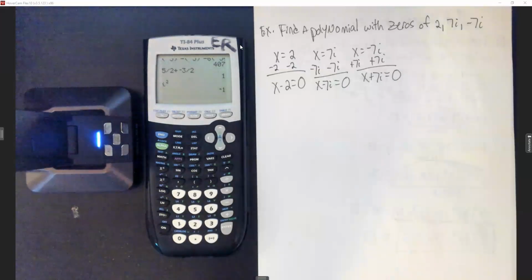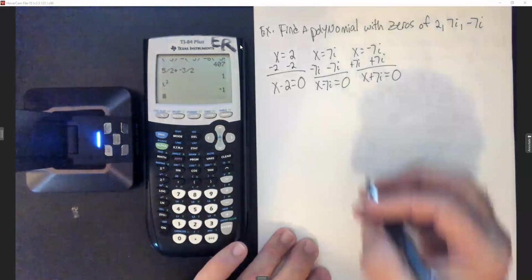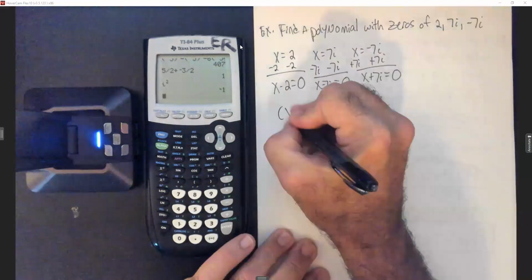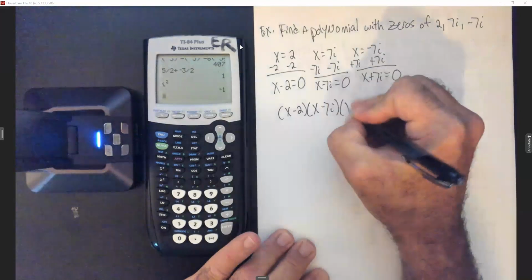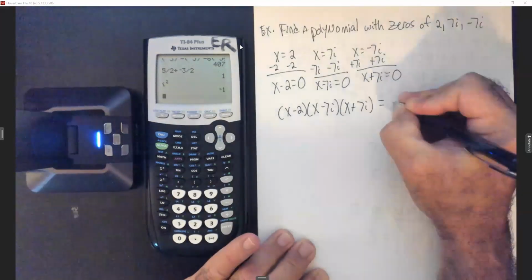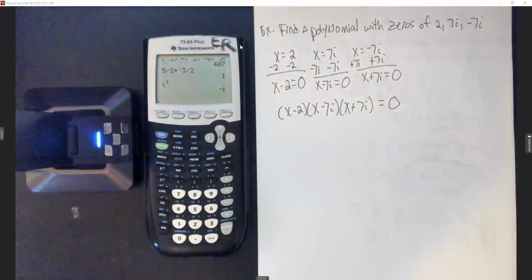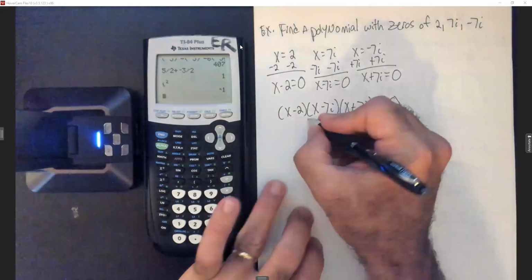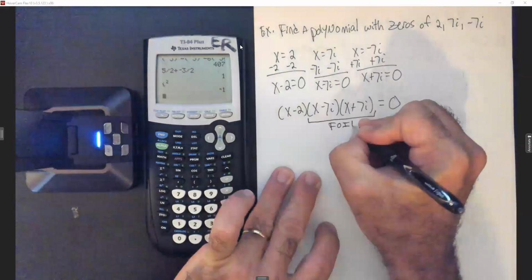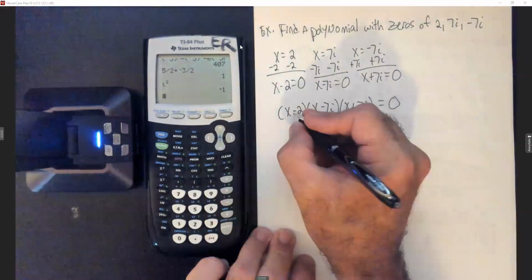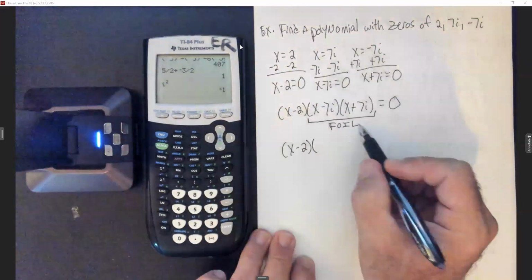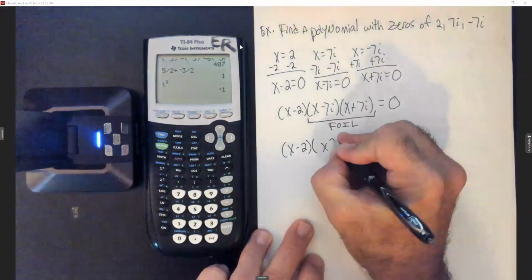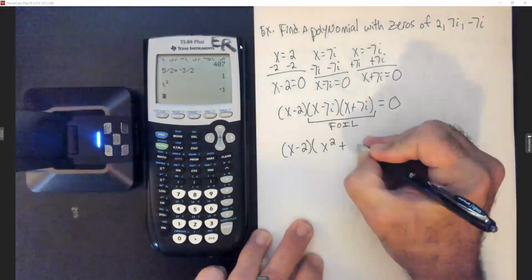So now, that brought back memories on that, right? So I can set all three of these in parentheses, all equal to 0. And I started out with my imaginary stuff foiling it. Right? So I know I bring down my x minus 2. When I foiled this just now, we got what? X squared plus 49.